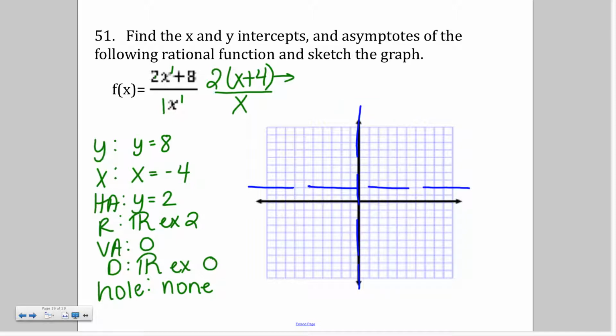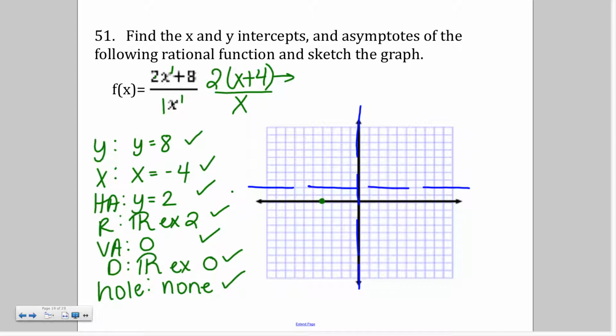We've done this one, and we've done this one. We don't have to worry about the domain and range, and we don't have a hole, so we're good there. All right, so y-intercept. We can't have a y-intercept if we're actually graphing because there is a vertical asymptote, sorry. All right, but we do have an x-intercept of -4. So let's go ahead and plot that.